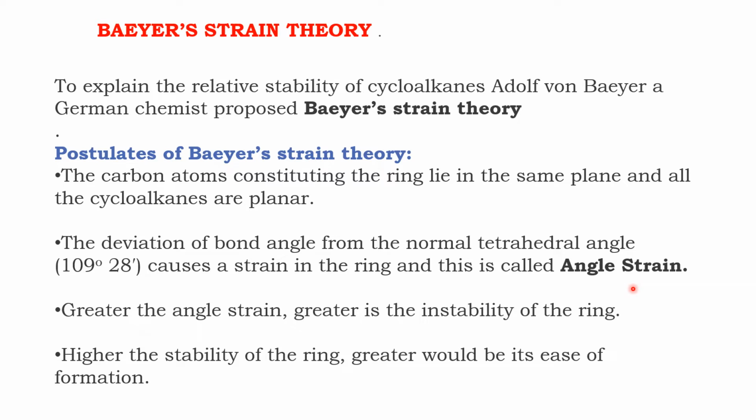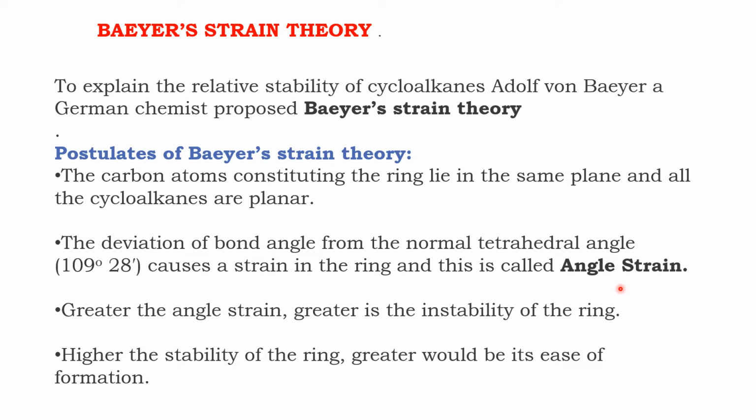So angle strain is the strain caused to the ring structure of cycloalkanes due to the deviation from its normal tetrahedral bond angle of 109 degree 28 minutes.